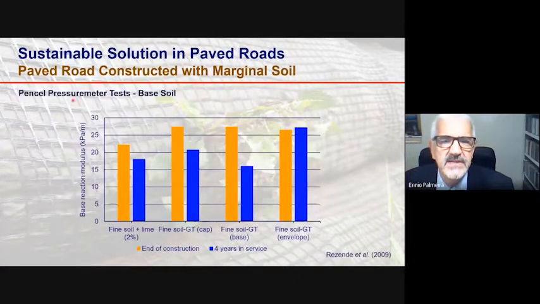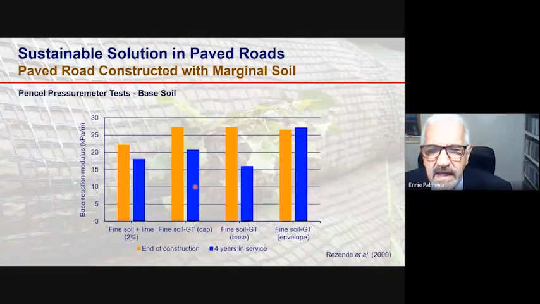The results of pencil pressure meter tests on the base soil, again the results obtained at the end of construction of the road and after 4 years in service, showing also very good performance of the combination of fine soil and geotextile in the base layer.